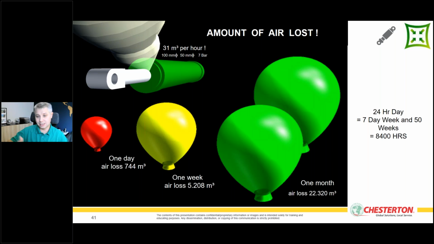Most pneumatic systems operate 24/7, so we are losing, like you see on the red balloon, altogether like 700 cubic meters. Then in 1 week we lose over 5,000 cubic meters. And in 1 month, it could be even 22,000. So it's a lot.